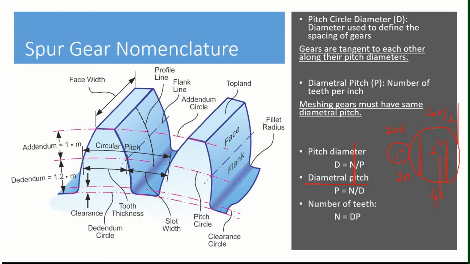The line that is drawn which divides the face and the flank has to be along the pitch circle of that particular gear. Okay, the circular pitch is the distance in the circular fashion from the same point on the first tooth to the same point on the next tooth. Also, the face width is important when we design the gear.